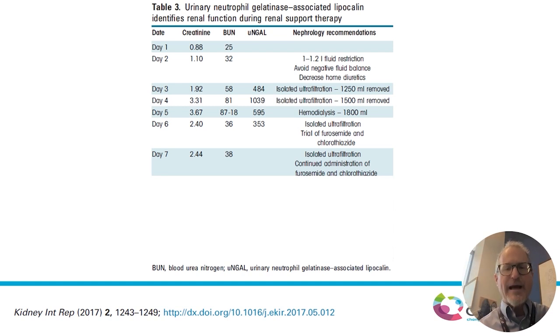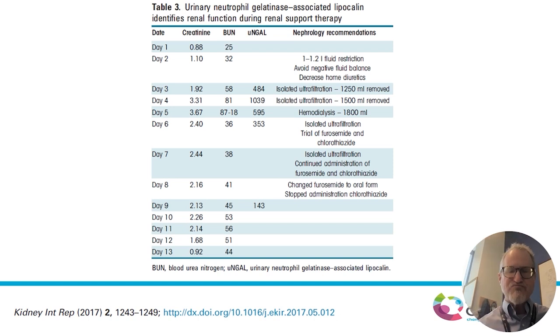Day 7, creatinine didn't really change much because we likely were uncovering the dilutional effect as we were ultrafiltrating him more. But again, we were able to ultrafilter on that day, and we continued diuretics. And then he did just fine after that on the subsequent days with creatinine recovering on its own. And you can see his NGAL on day 9 was 143, coming back to near normal.